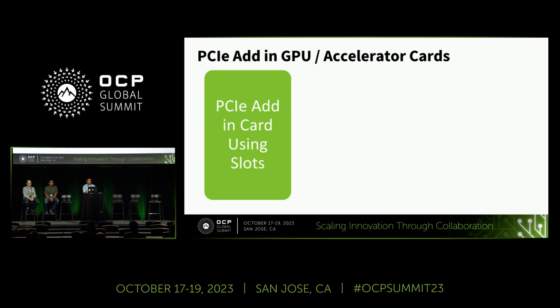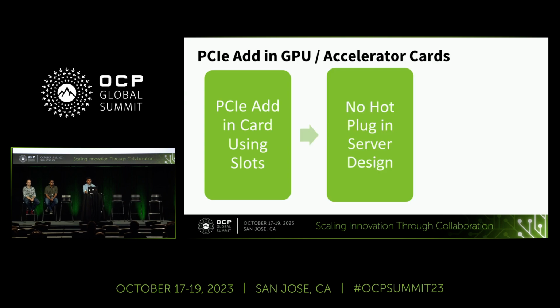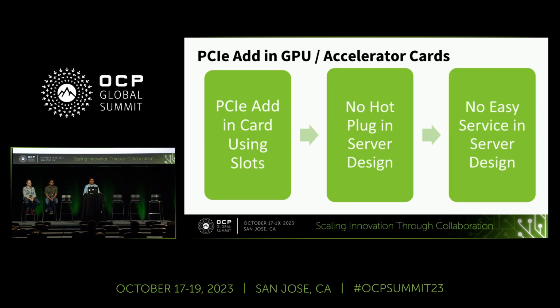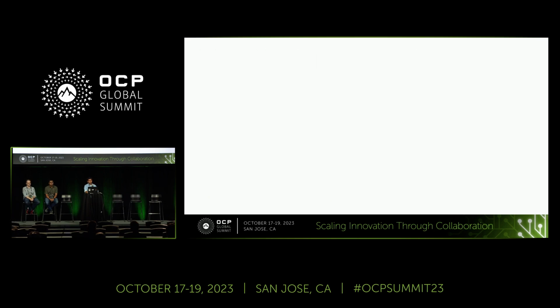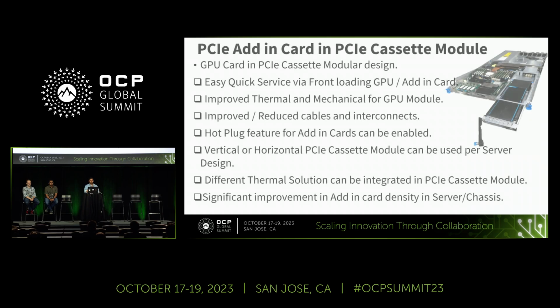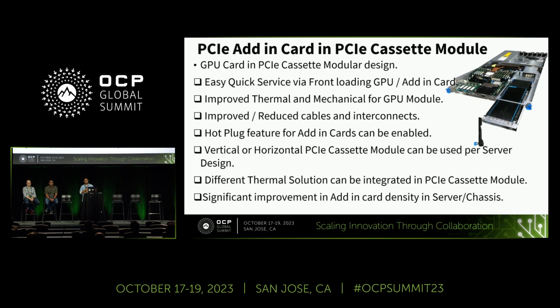The challenge was that all these GPU cards or accelerator cards were in the slot, and there was no hot plug or easy service facilitated in the current server design. So we came up with the solution in one of the shipping projects called Ratchet.